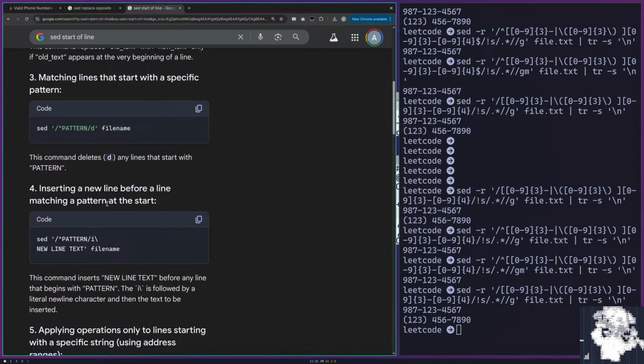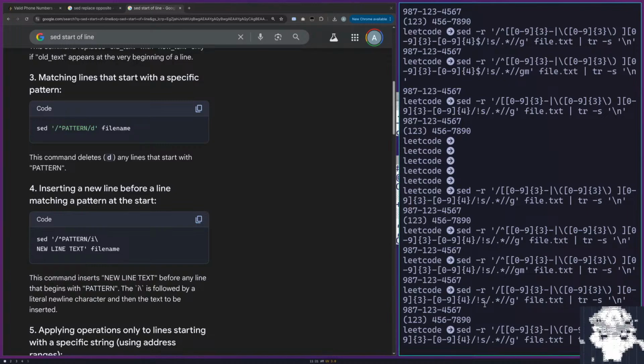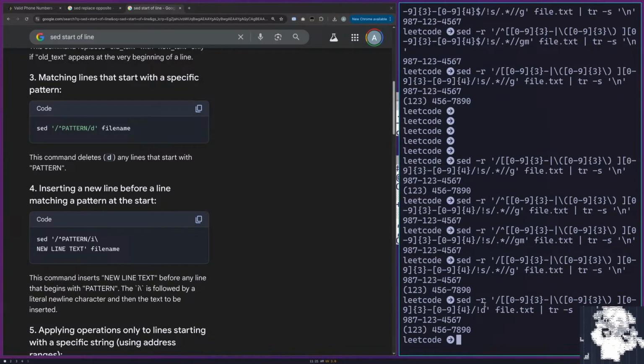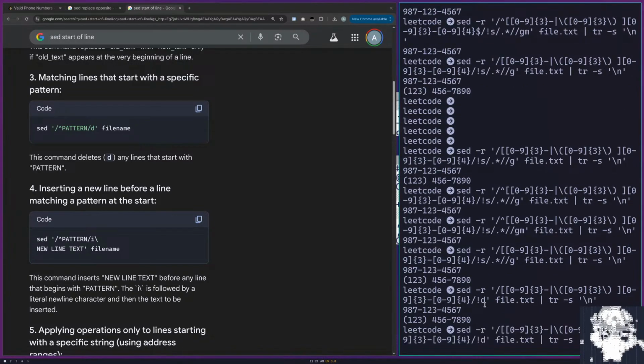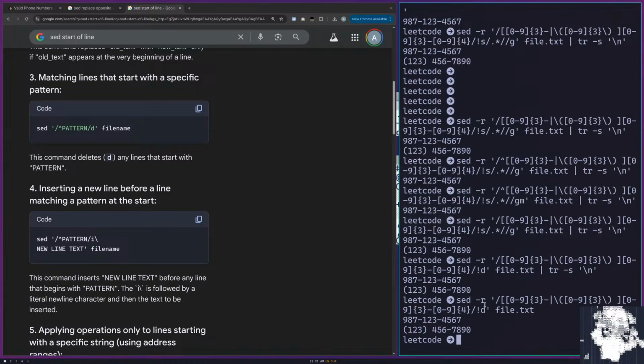So could I have done like !D to delete every line that doesn't start with pattern? As a simpler way to do this. So you have this, !D. Yes! Do I even need the other thing? I probably don't need the truncate anymore.